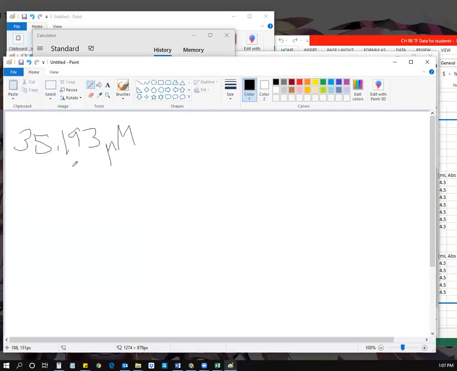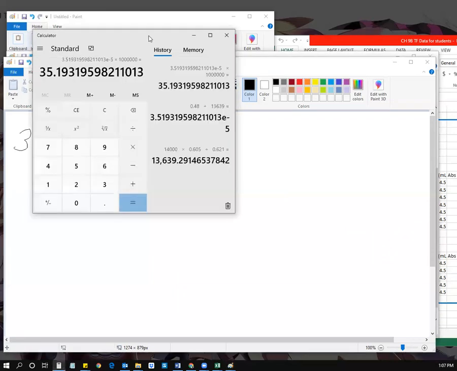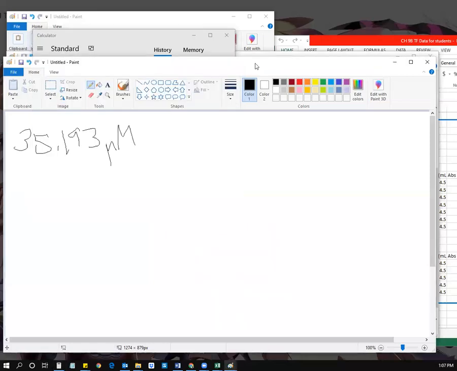You can carry as many decimals as you want in your own calculations, but please do not report so many decimal units for your actual answers for your post-lab write-up, because your absorbance values and your extinction coefficients don't have 10 or 20 decimal units to them.